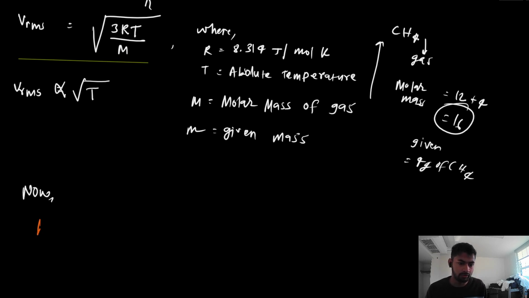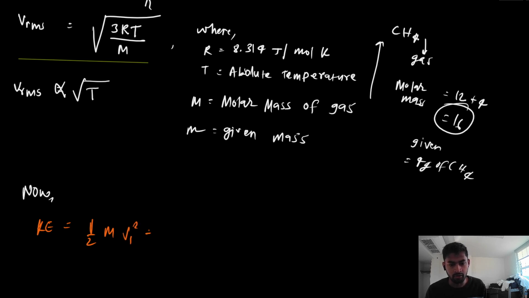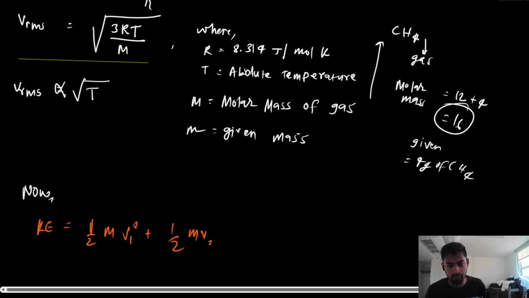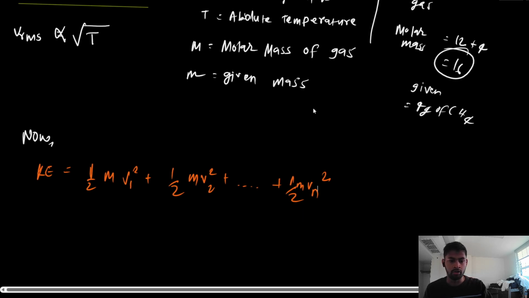From previous videos, if you have been following me, we know that kinetic energy is 1/2 (m1 v1 squared plus m2 v2 squared plus ... plus mn vn squared), which would become half m (v1 squared plus v2 squared plus ... plus vn squared).